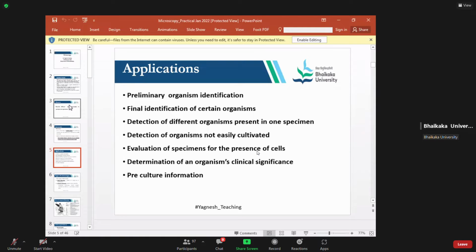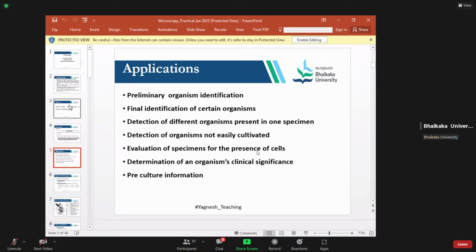in the microscope. Evaluation of specimen for the presence of cells. Say, for example, a sputum sample or the urine sample. Sputum sample is collected in case of respiratory tract infection, and we want a good specimen of the sputum, which we expect to come from the lower lobes of the lung or from the lung only, but the sample comes through the oral cavity, and there is a possibility of contamination of the sample with saliva.